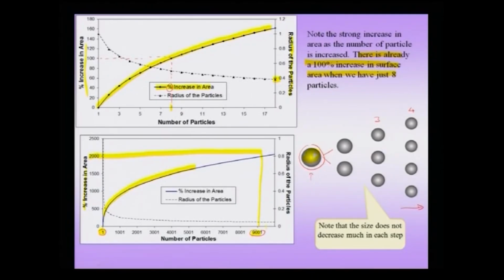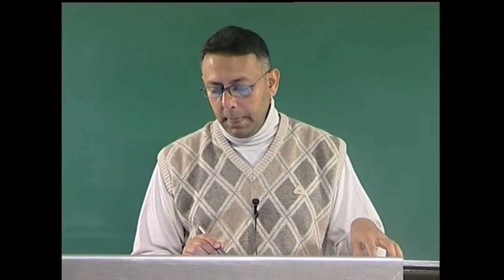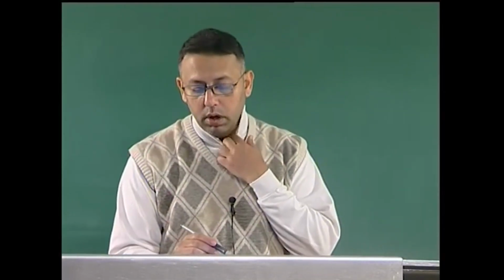So, this is an important point to note, that if I take one particle and divide it into about say 9,000 particles, I get a 2000% increase in surface area, which means that I am not changing the volume of the starting material. I have the same volume of the material, but I am just dividing the particle into sub particles, and my overall surface area is going to increase drastically.